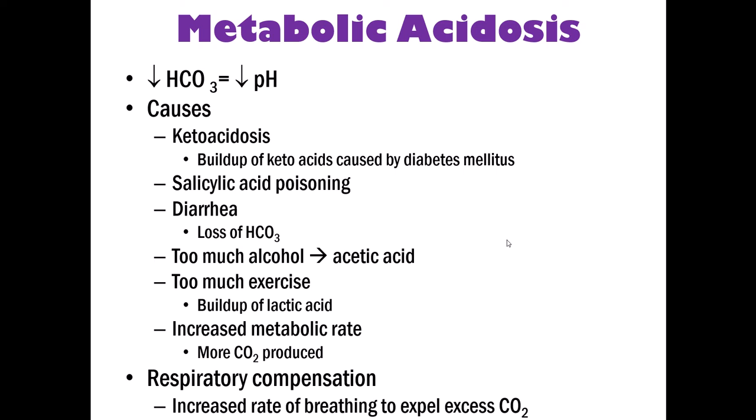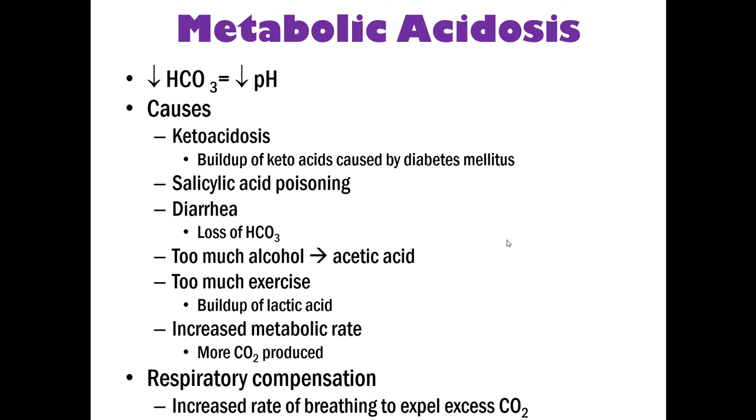Well, ketoacids are acidic. Ketoacidosis, if untreated, can actually put you in a coma, but it can lead to an acidotic situation. Salicylic acid poisoning, if you take too many aspirin, can lead to metabolic acidosis. If you have diarrhea, you're losing lots of bicarbonate ions in your feces.